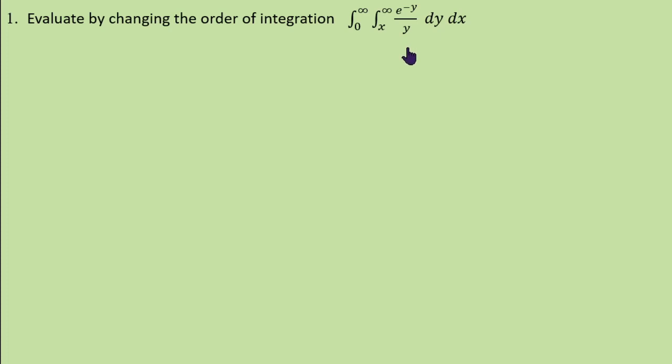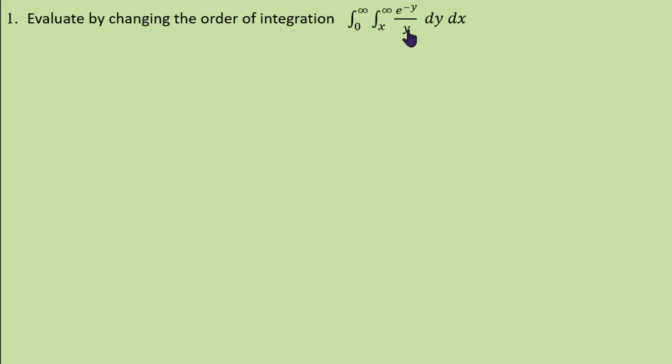Here, integrating e power minus y by y with respect to y is very difficult, because we don't have any formula for it. Therefore, by changing the order of integration, we are able to evaluate this double integral.